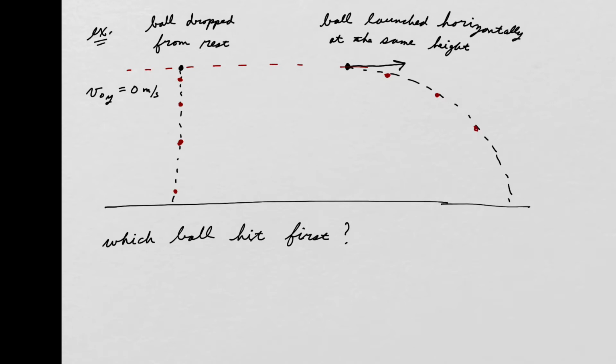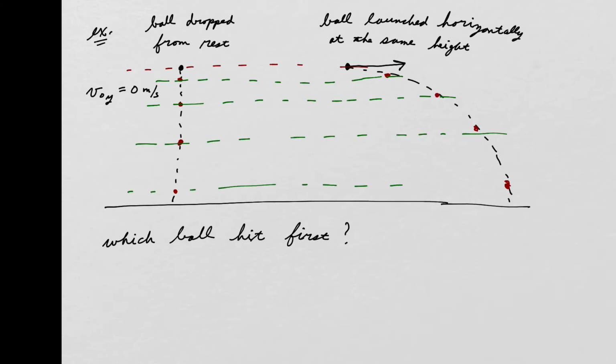I didn't draw this very well, but I'm trying to indicate that these y positions are going to be exactly the same. The motions are going to match in time, so they should hit at exactly the same time, right?